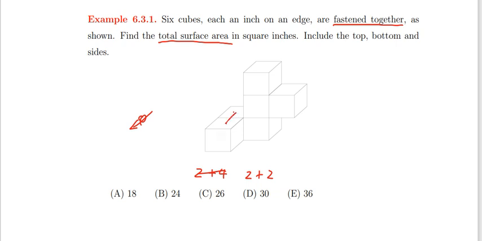Here there's 2, the bottom 2, and this left side 2. So 2 plus 2 plus 2 plus 2 plus 2, and plus this one, plus 3. We cannot count that one, right?